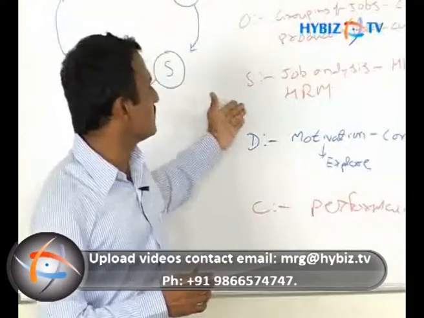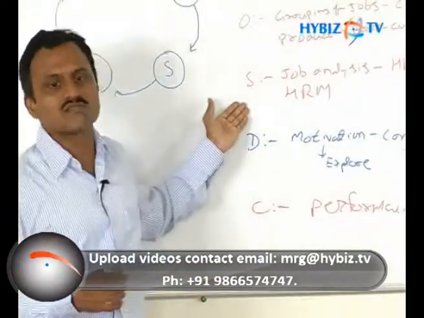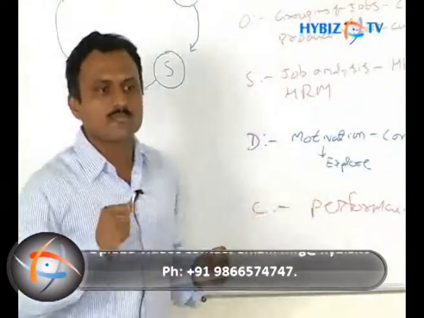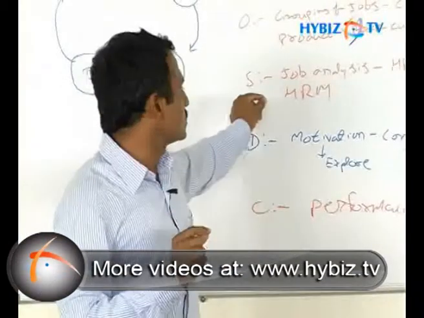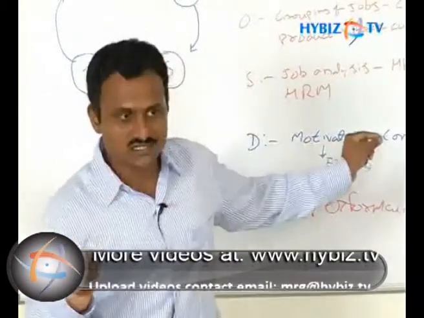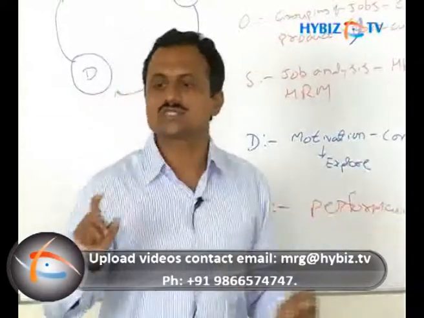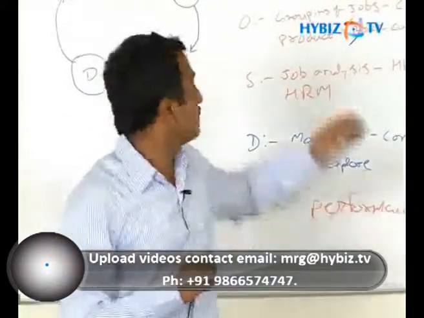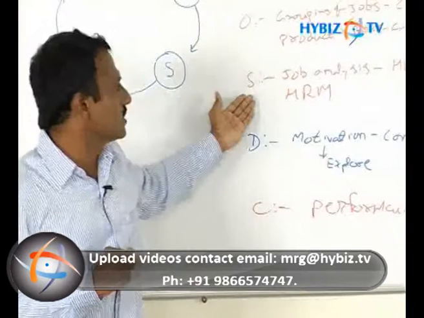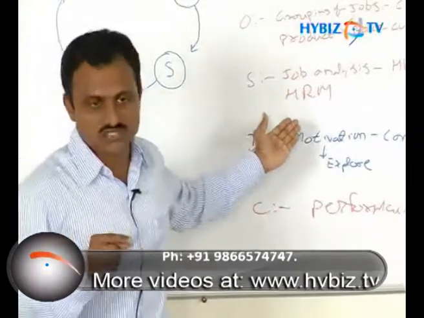If you see the next activity, that is staffing. In staffing, the major components include job analysis and human resources planning. After planning and organizing, recruiting the people is another important work.